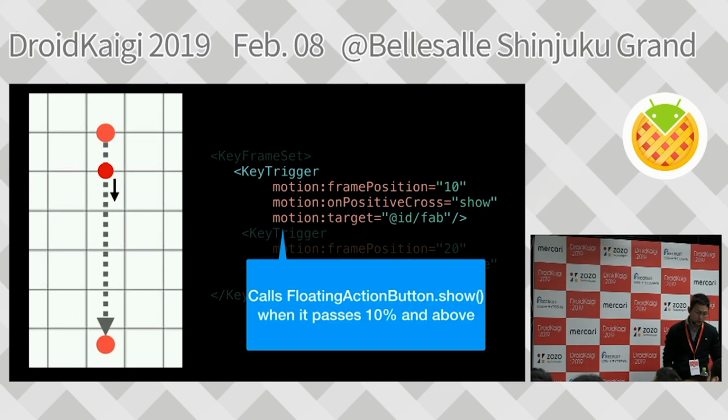So let's take a closer look at the first key trigger. It has a frame position of 10 and on position cross as show. It means when the transition passes 10% and above, the show method of the floating action button is called.